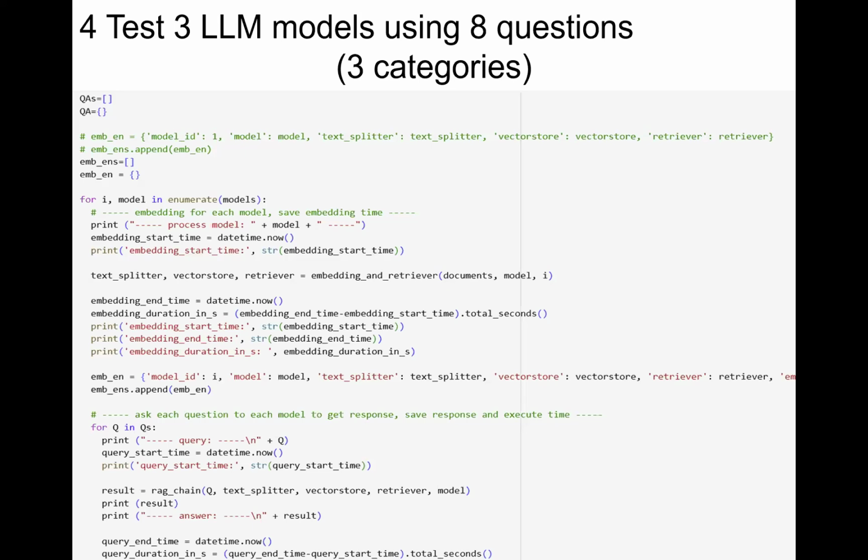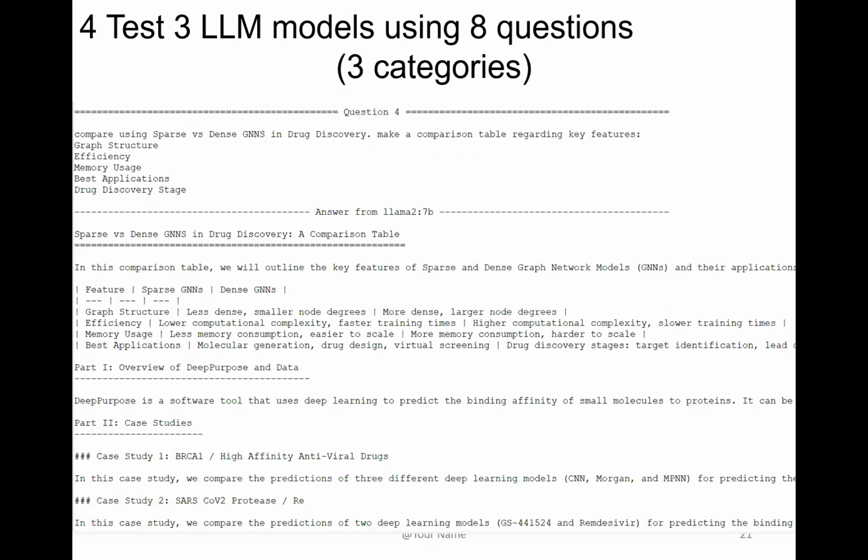So at the model level, we embed the document to the model, and then at the lower level, we immediately ask those questions, and then we collect the response information as well as the execution times. And this is one example, question 4, and its answer from LLaMA 2.